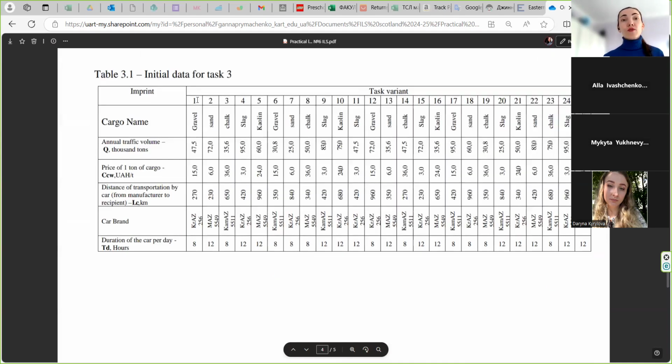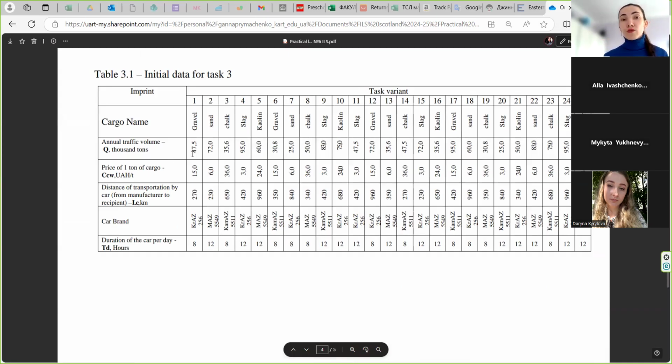For example, if you have the first variant, it is the second line in our table, annual traffic value, in thousand tons. Be careful that we need to use this parameter in tons in our formula number 5.